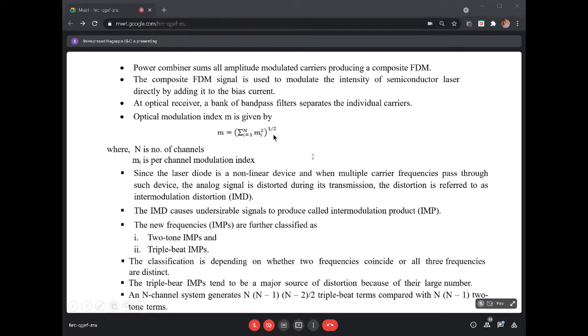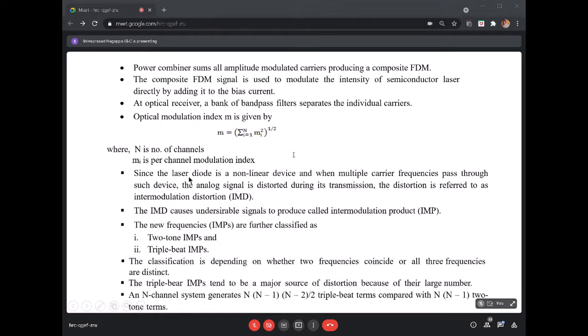What is this M and what is this mi? mi is the per channel modulation index, because all the different channels will not have the same modulation index, whereas M is the overall modulation index. N is the number of channels, whereas mi is the per channel modulation index.